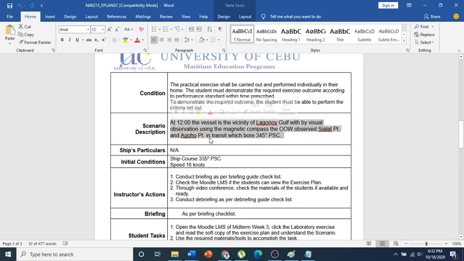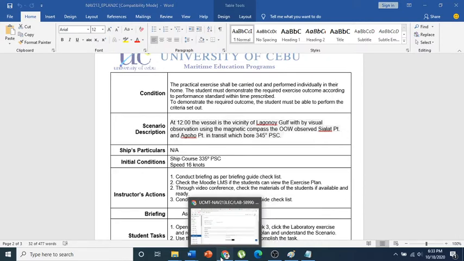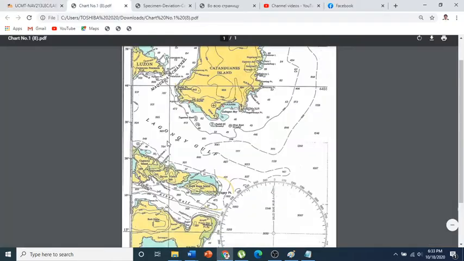So at 1200, the vessel is in the vicinity of Lagunoy Gulf with visual observation using the magnetic compass. The OOW observed Sialat Point and Aguho Point in transit, which bore 345 PSC per ship's compass. Given that data, we download chart number 1.